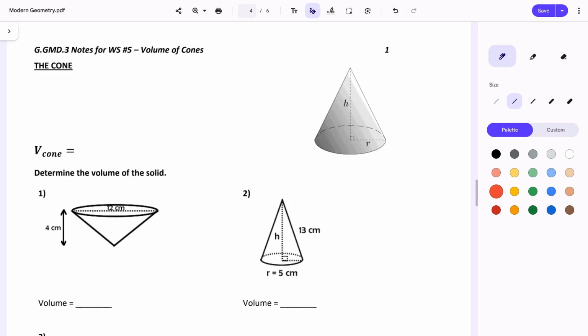Now, the definition, if you remember, of a cone is that this is a 3D solid with one circular base and a face that meets at a point.